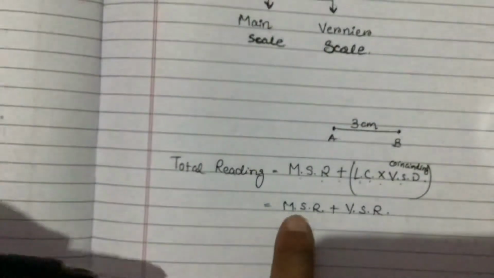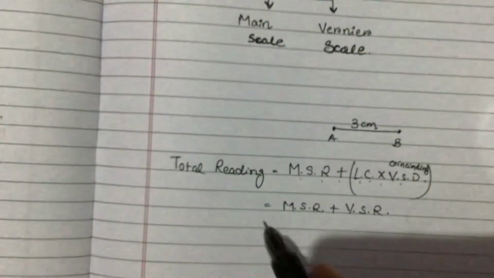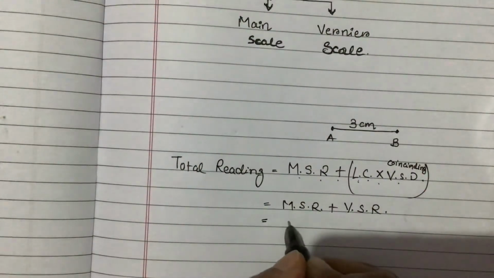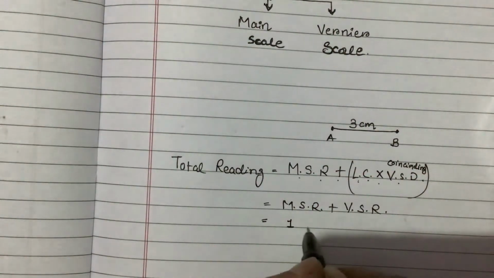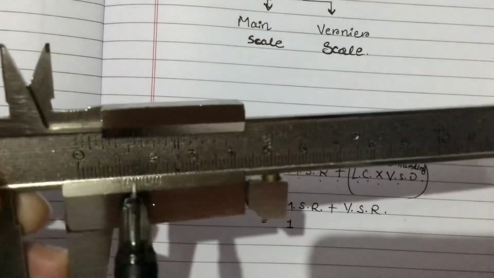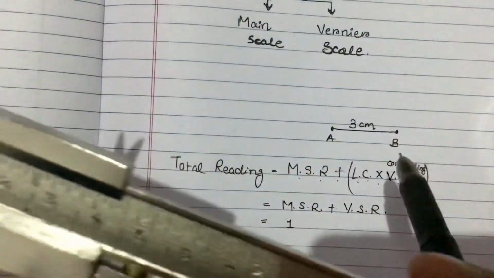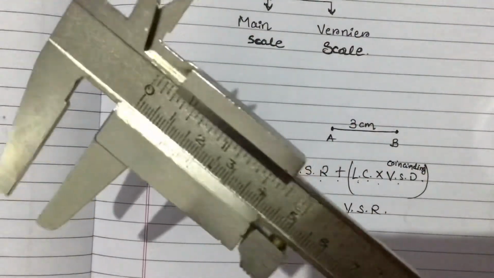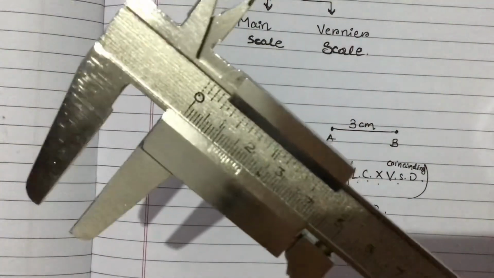So what is our main scale reading over here? It will be 1 centimeter, because main scale reading is already in centimeter. Centimeter in the sense the distance or the length of 1 unit of a main scale.